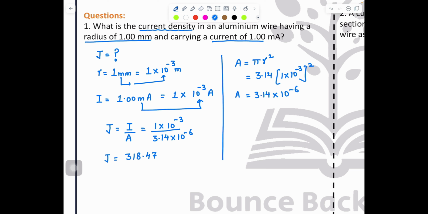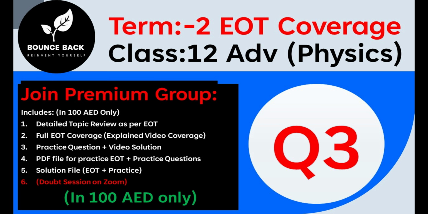Okay guys, now the unit part, you need to focus on this. The unit of current is ampere and the unit of area is meter squared. So the answer is ampere per meter squared. This is your final answer. Clear guys? Okay.